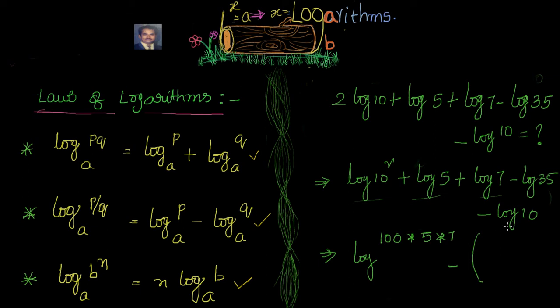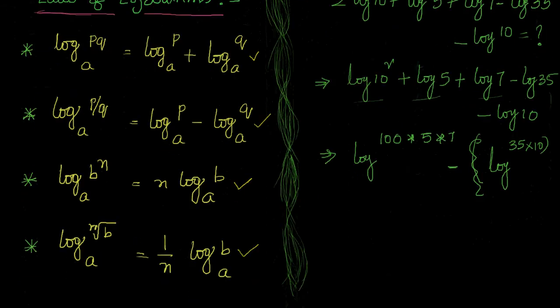Log 35 plus log 10. So I can write it as log of 35 into 10. Makes sense, right? So now again I can simplify it because I see it in the second form now, log of p minus log of q. So I can write it as log of p by q. So I will say log of 100 into 5 into 7 divided by 35 into 10.